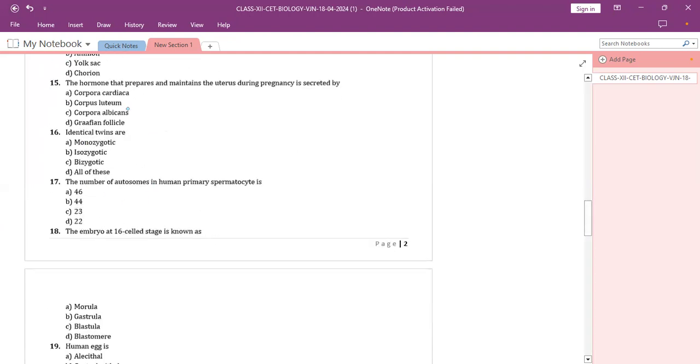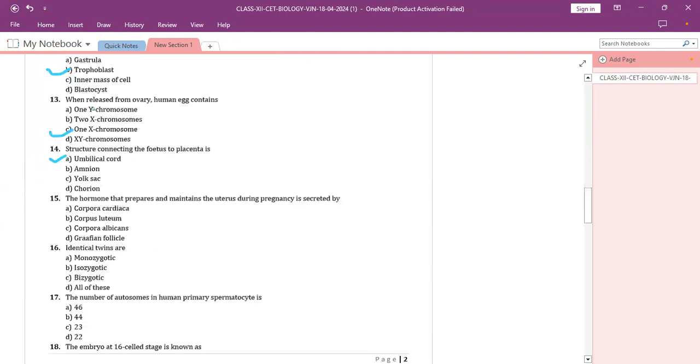15th one. The hormone that prepares and maintains the uterus during pregnancy is secreted by: A. corpora cardiaca, B. corpus luteum, C. corpora albicans, D. Graafian follicle. Students, corpora cardiaca is one of the pair of separate or fused bodies in the nervous tissue of insects.